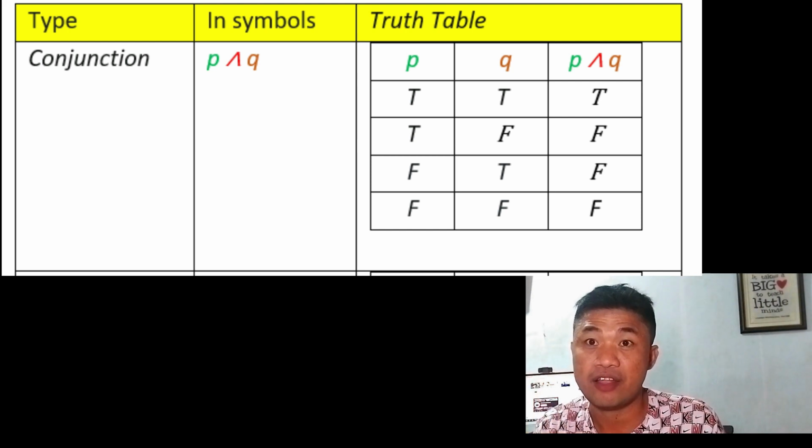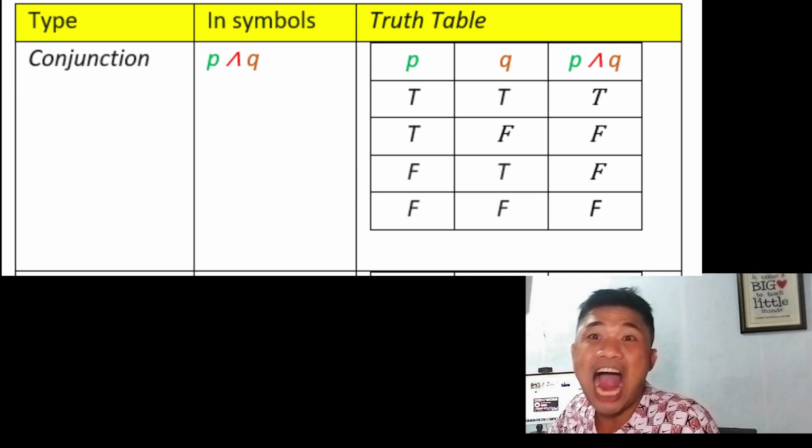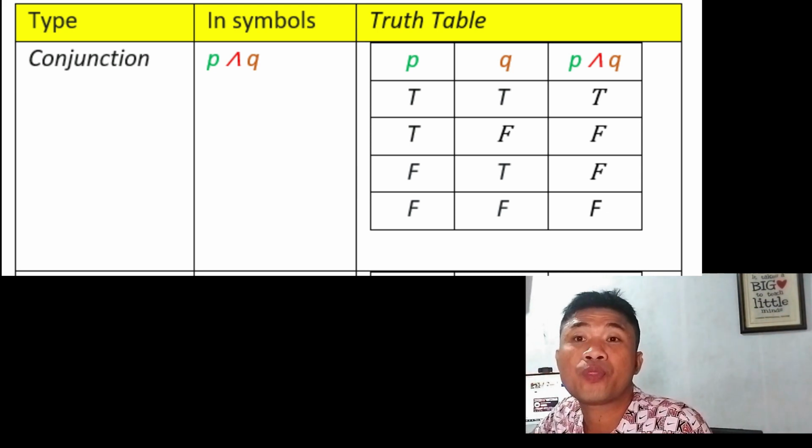For the conjunction, if we encounter this symbol, that is a conjunction, and the truth table on that one needs the compound, or the final compound proposition, to be true only if the two propositions are both true.